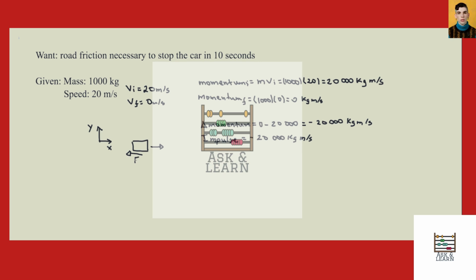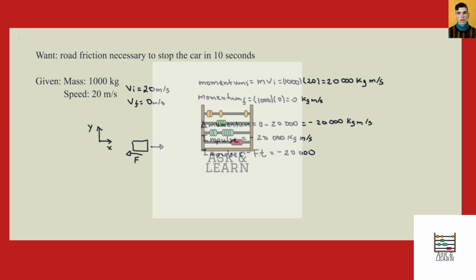So let's call this the friction force, F. And the friction, so then the impulse here is going to be minus F, because it's pointing to the opposite side, minus F multiplied by the duration of that force, which we also know is minus 20,000 kilograms meters per second.